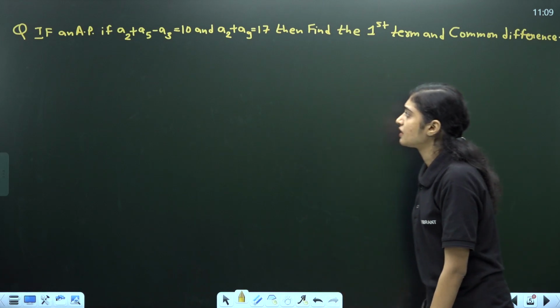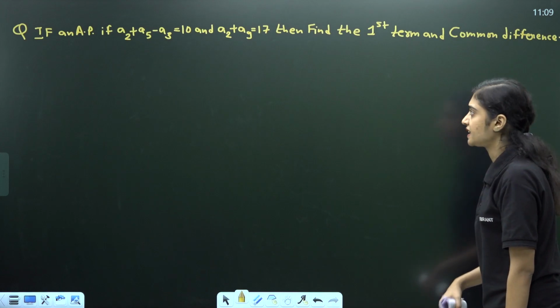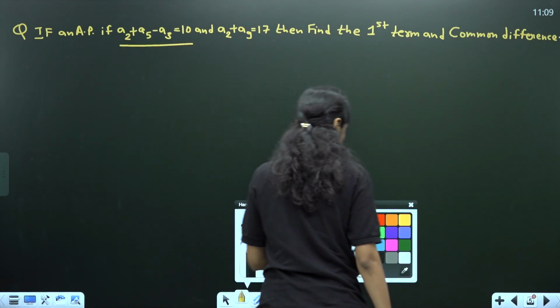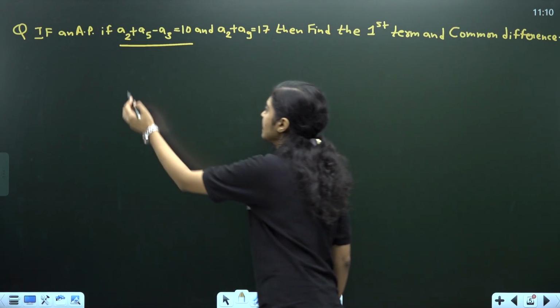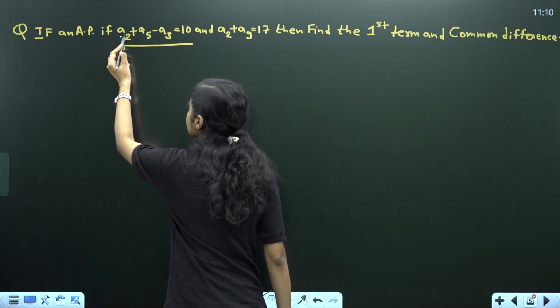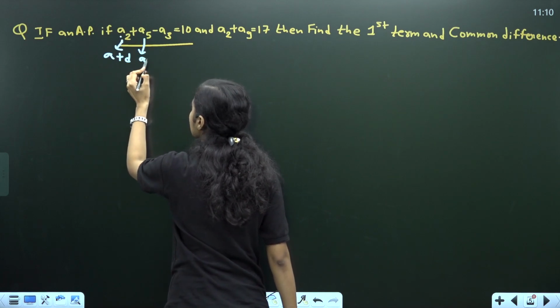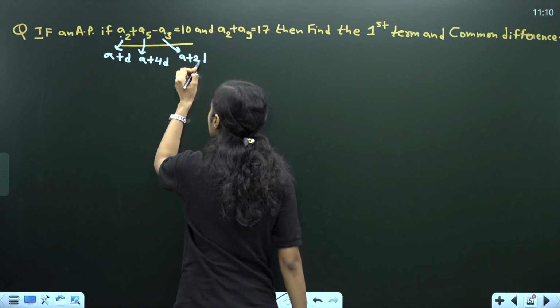Now the second question: in an AP, if a2 plus a5 minus a3 equals 10. Now we simplify the given equation in terms of A and D: (A plus D) plus (A plus 4D) minus (A plus 2D).